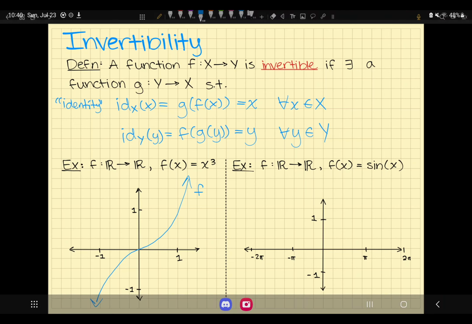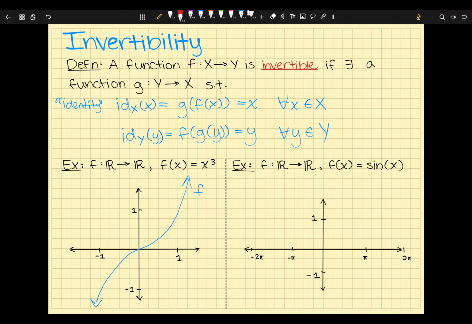And now the inverse of f, which, pause and think about what the inverse of f is, is x to the 1/3. Actually, I think I want to put this in purple.